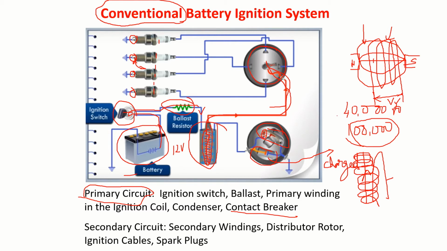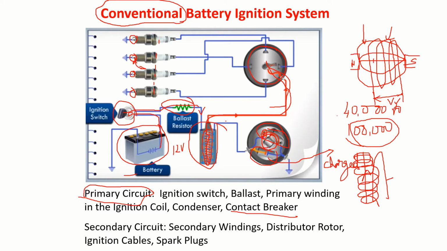So what we have to do is, we have built up the magnetic field, now collapse the magnetic field. For collapsing the magnetic field, you see here, there is a cam. If this cam is rotating, it will push this breaker away, so that the primary circuit gets opened up.